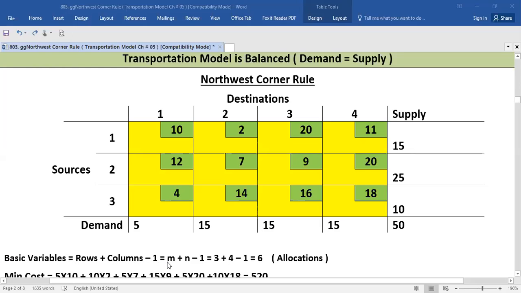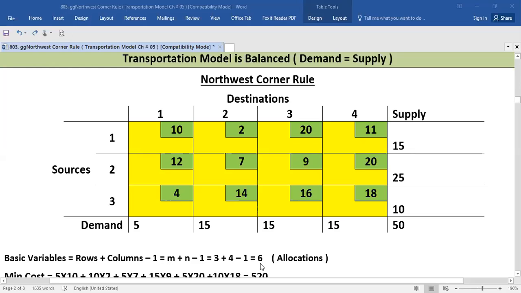M denotes rows, N denotes columns. There are 3 rows and 4 columns, 3 plus 4 minus 1, it becomes 6. The result is 6. So keep in mind that you will make a total of 6 allocations in the given table.